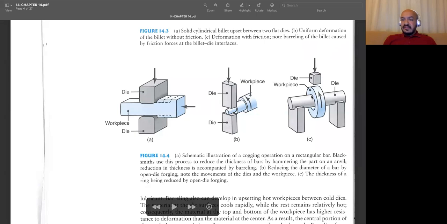If you only forge this part, then we will not have uniform thickness throughout the ring. So once this part is forged, we need to rotate the ring a little bit and then forge the second part and do this process until the whole ring is actually forged.